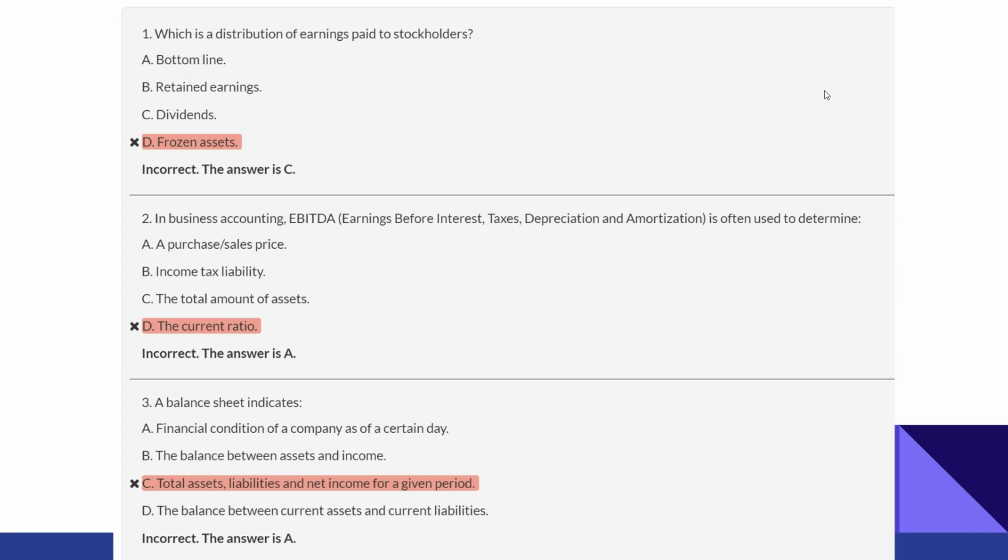Correct answer is A, purchase sales price. Number three, a balance sheet indicates. Correct answer is A, the financial condition of a company as of a certain day.